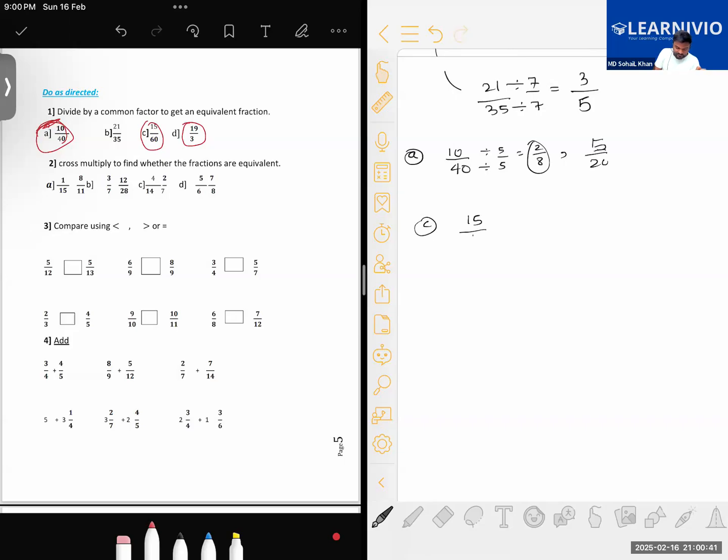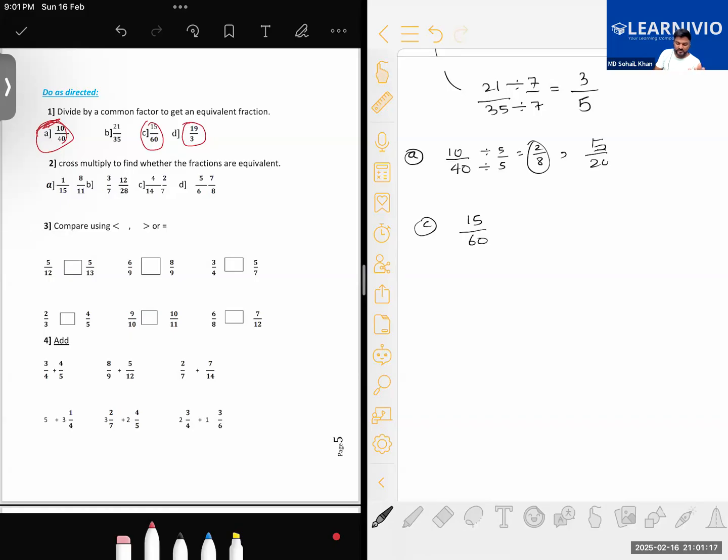15 upon 60. Should we divide them by 2? Is 2 a common factor?